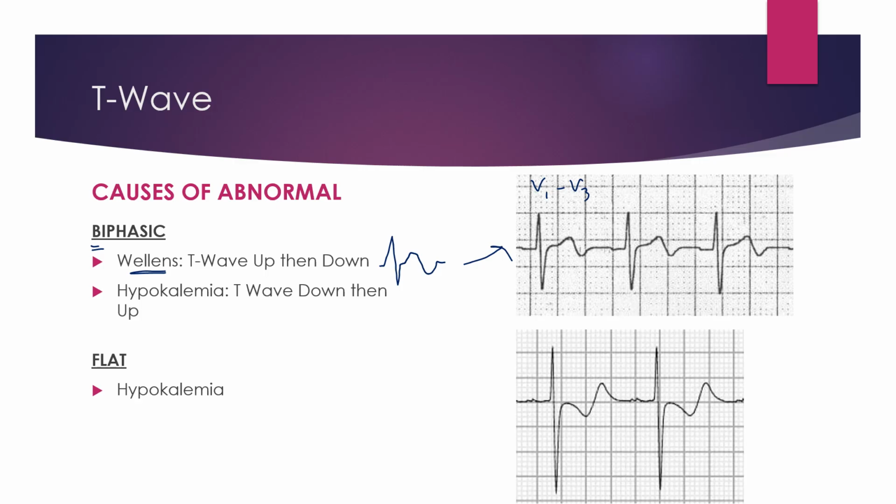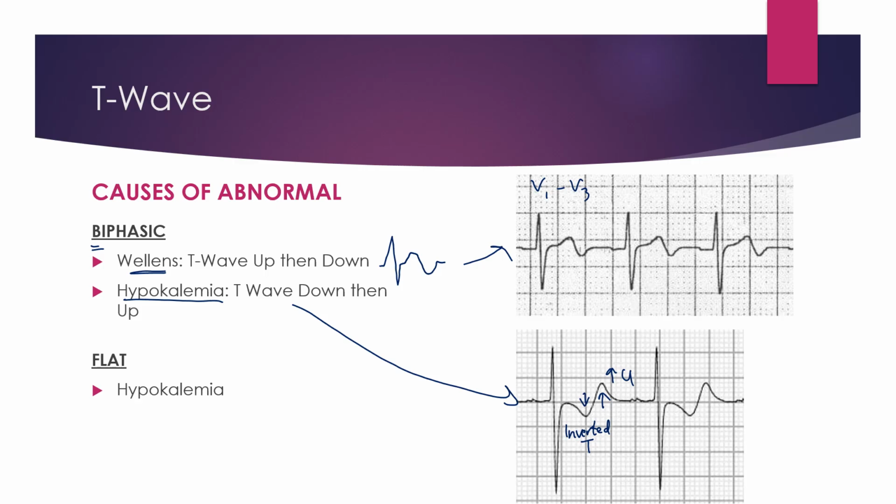And then in hypokalemia, which you see down here, the T waves go down and then up. What I want you to know about this is, we call this a biphasic T wave. This is part of the nomenclature thing that we have with 12 leads that makes everybody's life hard, is that this is actually an inverted T wave and an upright U wave, but we frequently will hear this called a biphasic T wave, and that is indicative of hypokalemia.